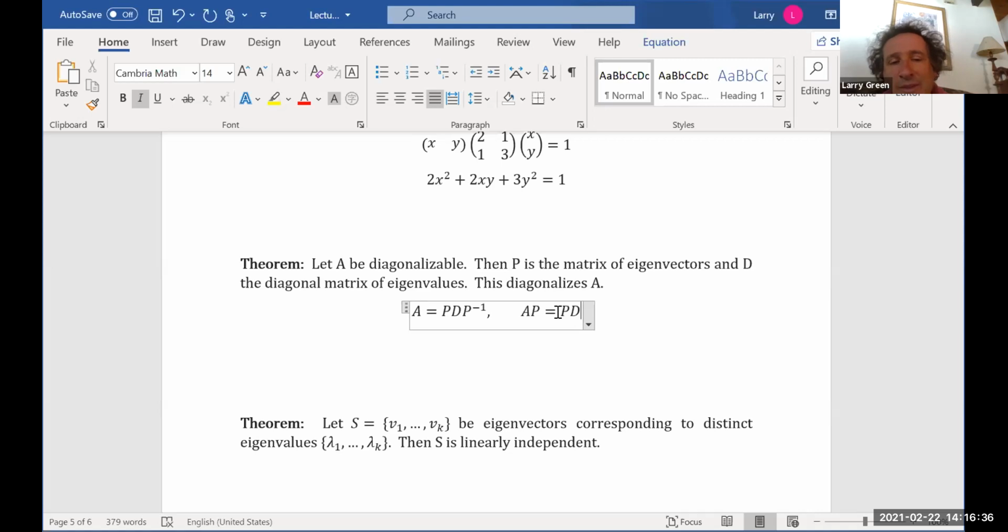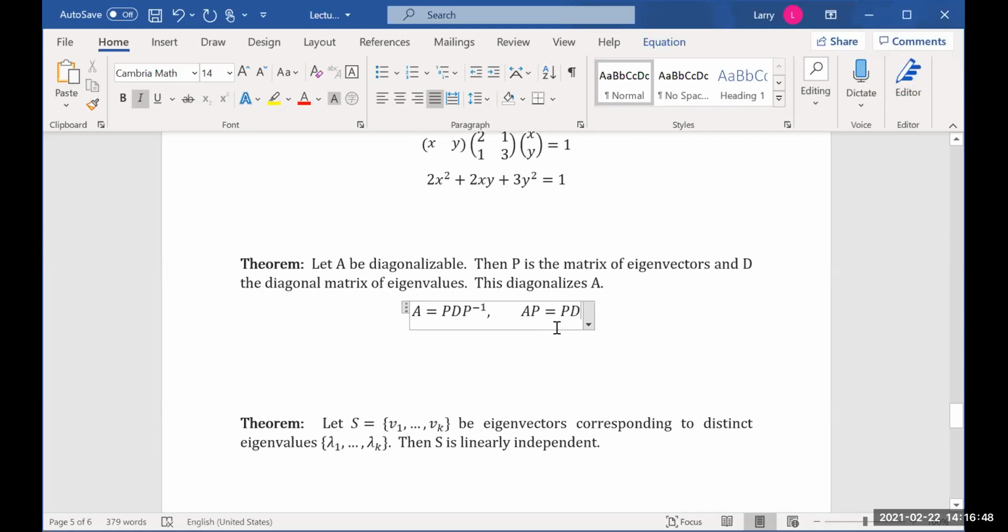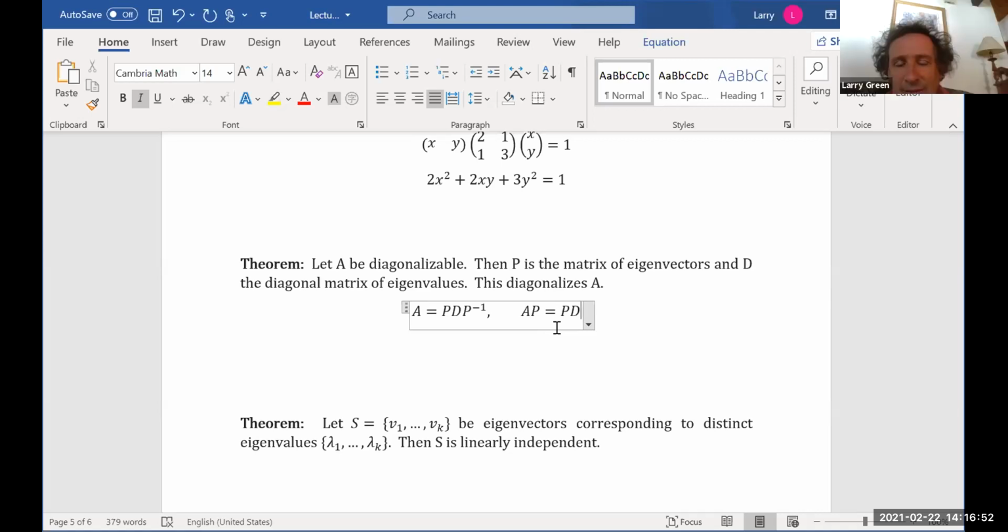But A times the first column is A times the first eigenvector. Well, guess what? A times the first eigenvector is just the eigenvalue times that eigenvector. Do you agree? Because that's the definition of an eigenvector.